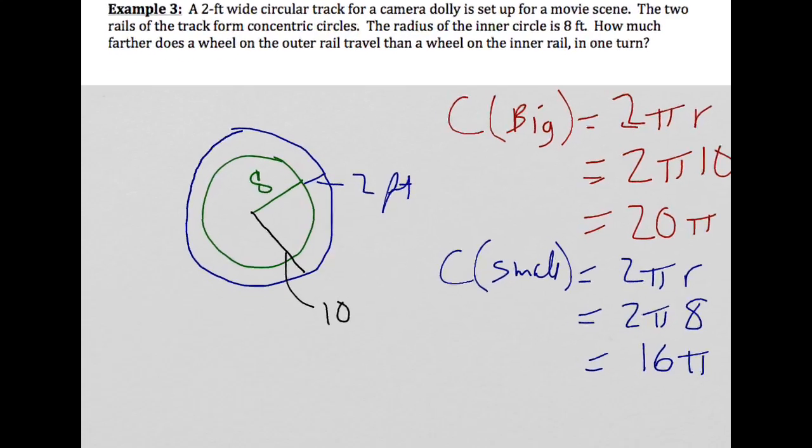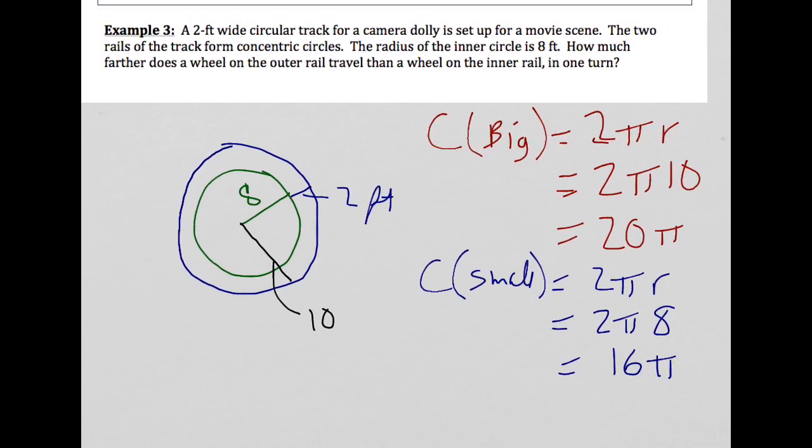Now, the last step in this problem is to figure out how much further it goes around this circle than it does around this circle. So some of you might have already guessed this, but in order to figure that out, we will take the circumference of the big circle and subtract the circumference of the smaller circle.